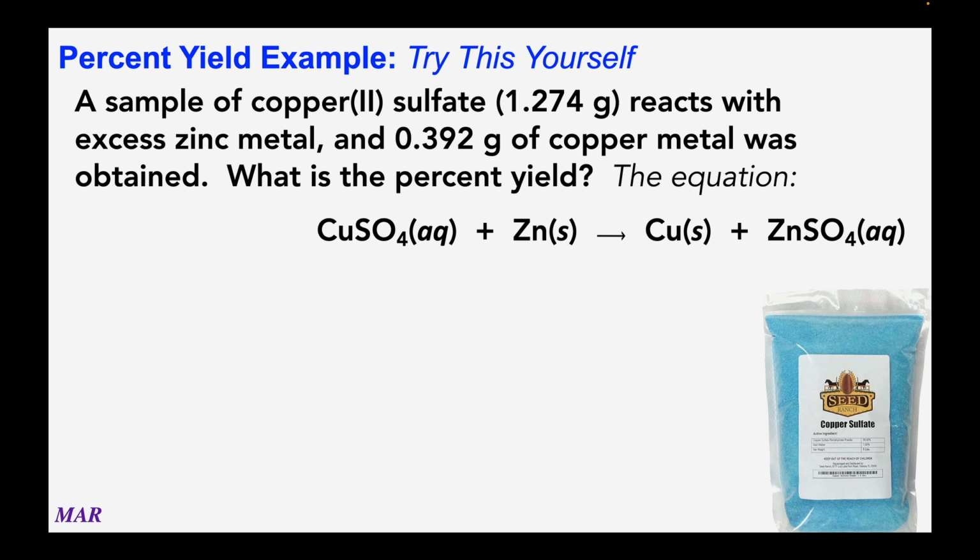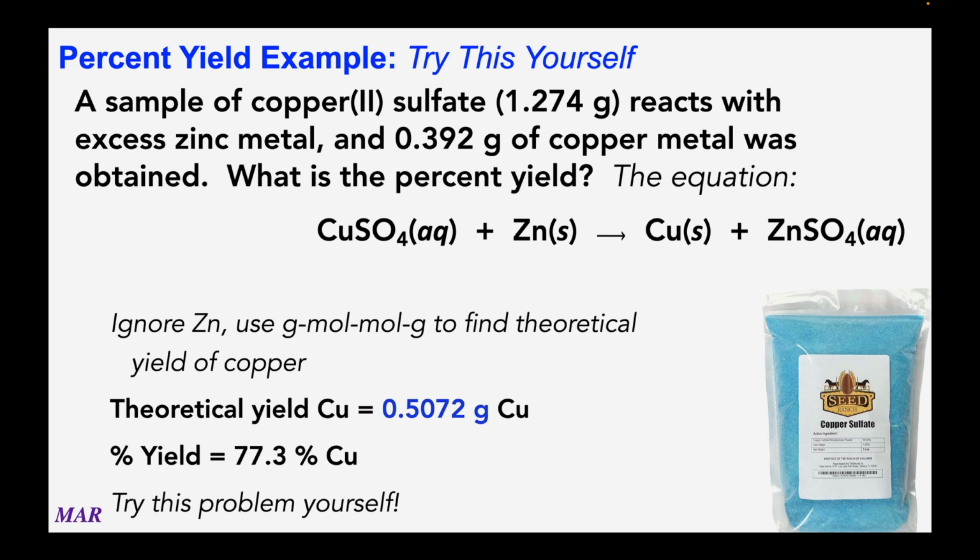That'll give you the theoretical yield of copper. And I guarantee it's going to be a number more than 0.392 grams. So the percent yield is actual over theoretical: 0.392 grams is what you actually got, divided by the amount of copper that you theoretically calculated, the theoretical yield, times 100%. Good to go.